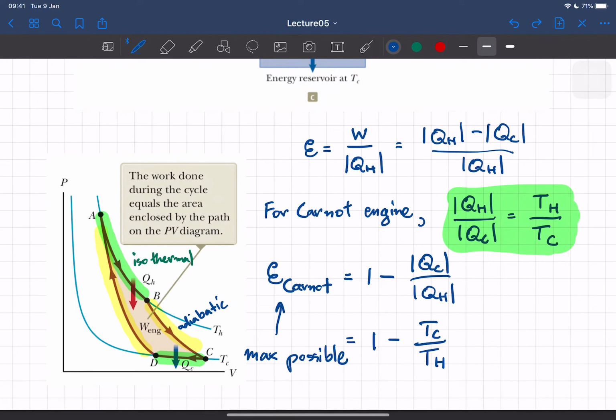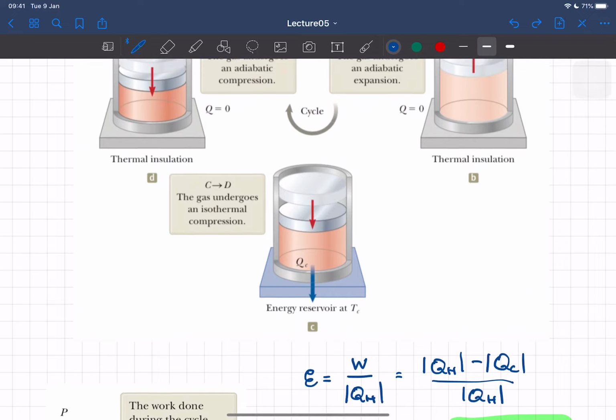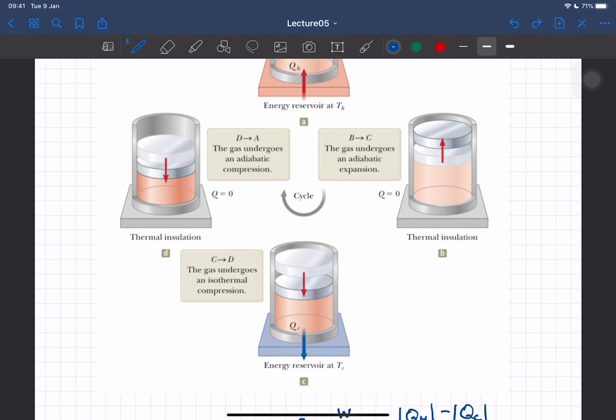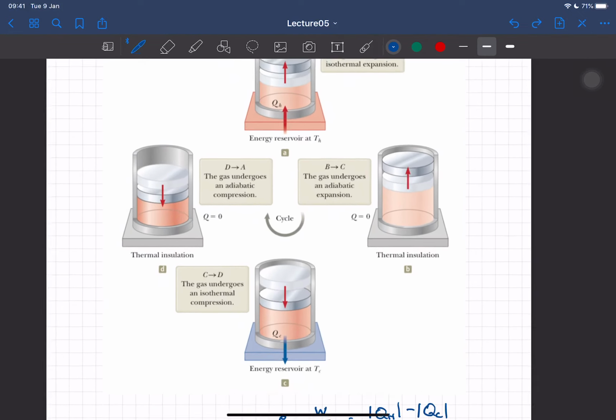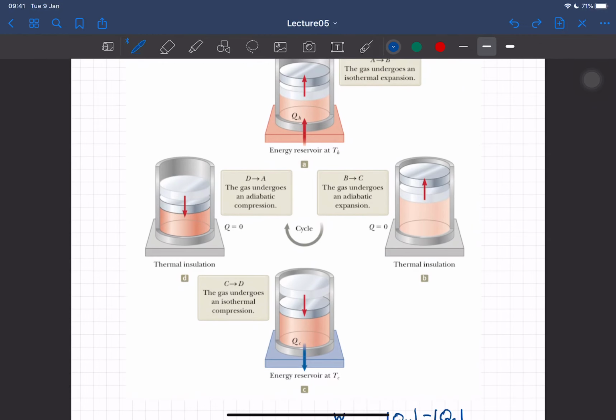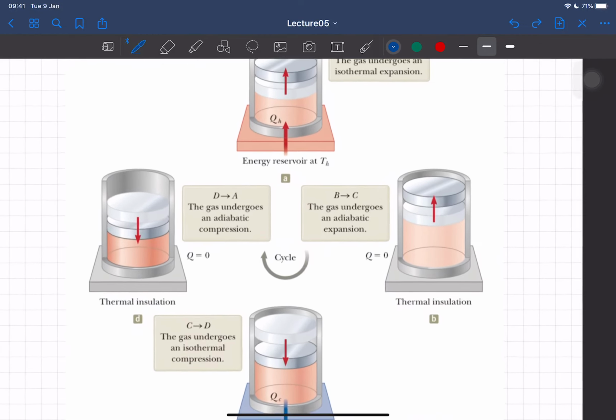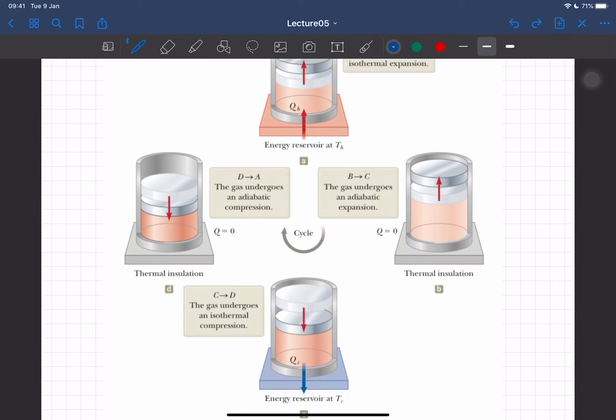And believe me, a lot of smart people have tried to come up with anything better, and you just cannot, because of the second law of thermodynamics. It's kind of capping the efficiency of the engine. Okay, so in terms of the actual operation, how does it work?